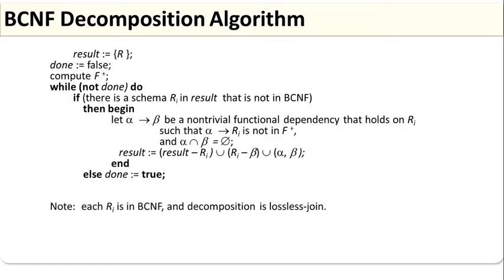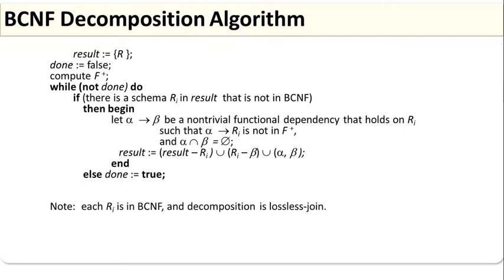So this is the algorithm which we are using for the BCNF decomposition. That is, result is R, done is false, compute F plus. While not done, if there is a schema Ri in the result that is not in BCNF, then we take any non-trivial functional dependency alpha to beta that holds on Ri such that alpha to Ri is not in F plus.